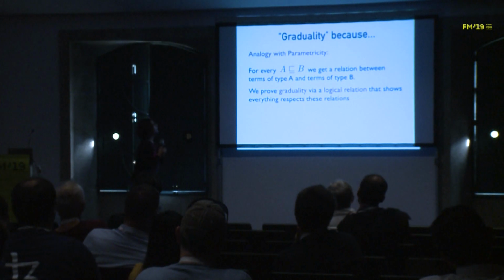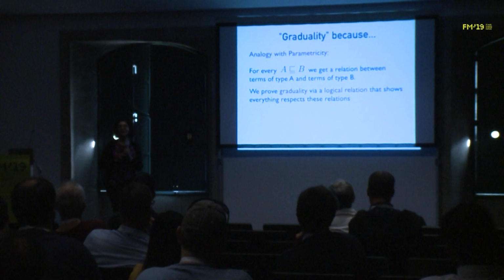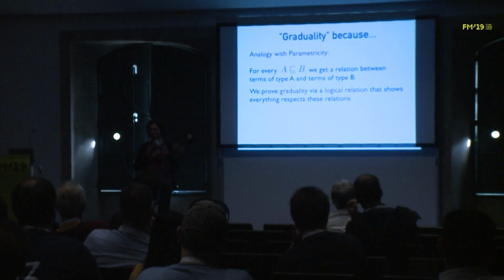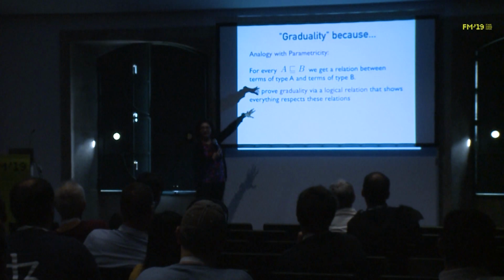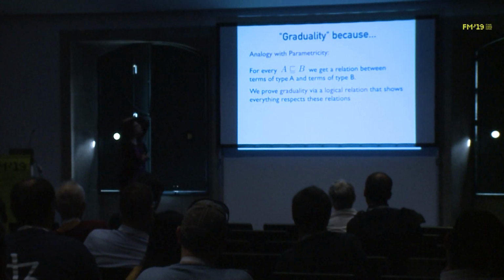Before I move on, why do I call it graduality? I call it graduality by analogy with parametricity in polymorphic languages. Essentially, for every type precision judgment, if A is more precise than B, you get a relation between terms of type A and terms of type B. The semantic foundations that I show you will give us this.